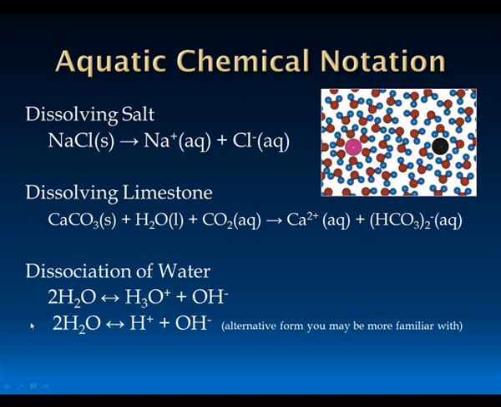Another formula here is for the dissociation of water. So a small portion of H2O molecules are constantly dissociated into the positively charged cation, or the hydronium ion, and the negatively charged hydroxide ions. And these two equations are just two different ways to write the same thing.